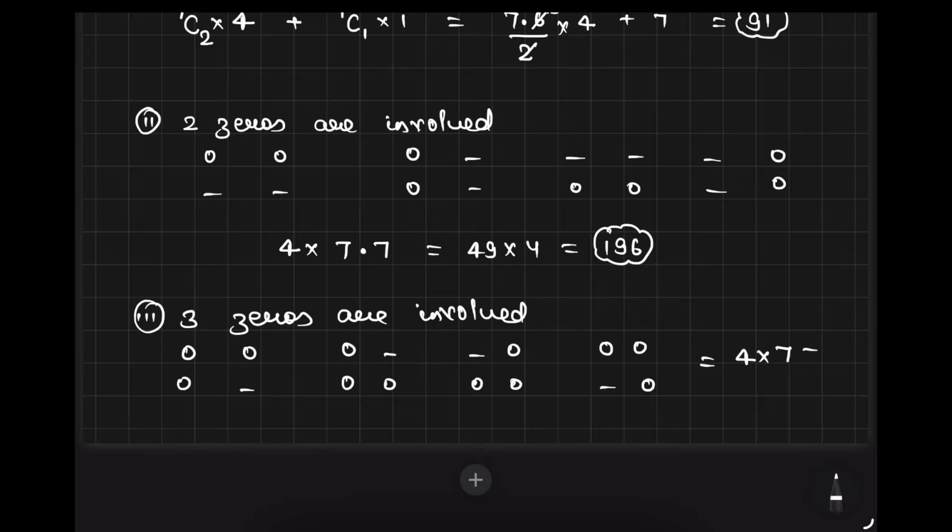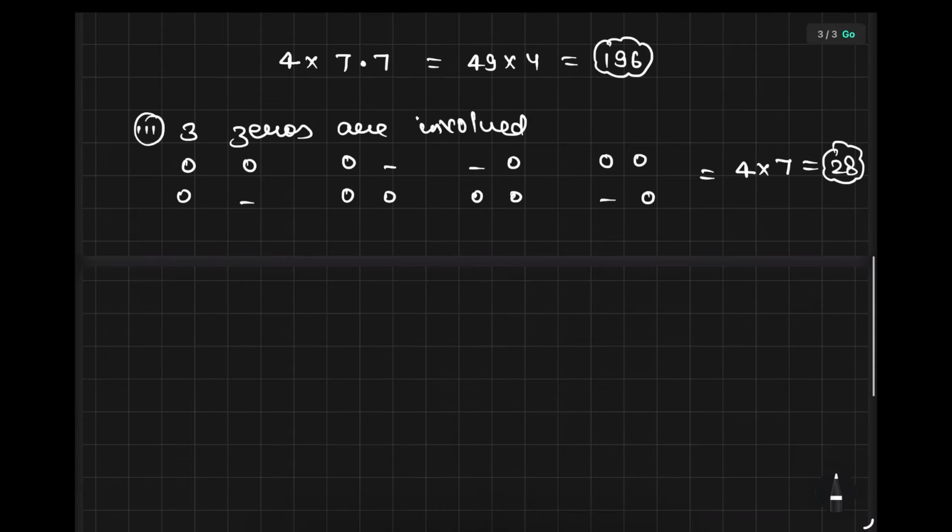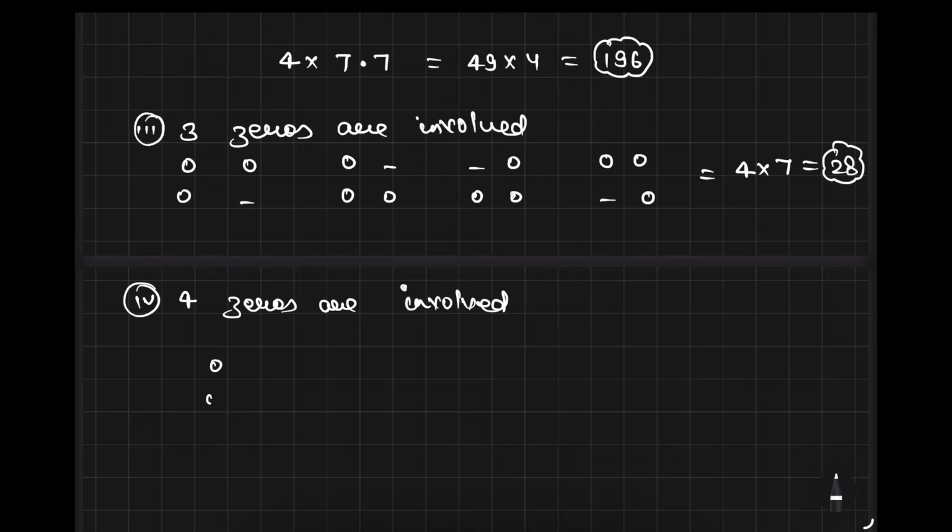You cannot overuse 0, so it is 28. Now four zeros are used. If four zeros are involved, there is only one case now. So it is one case.